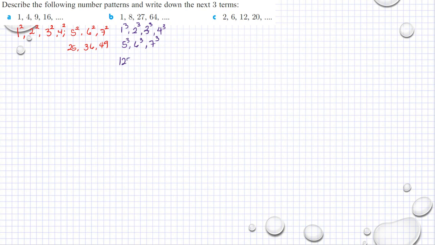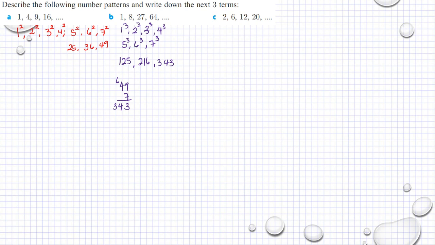Then we have 125, 216, and 343. Let me check my answer if I did it right. 6 raised to 3 is 216, and then 7 raised to 3 is 343.